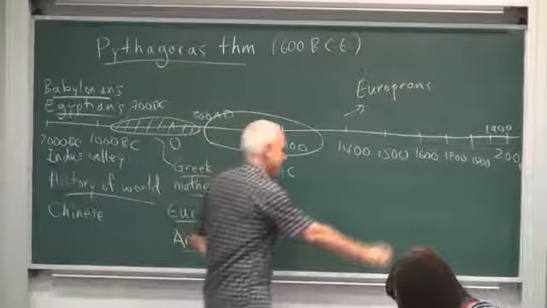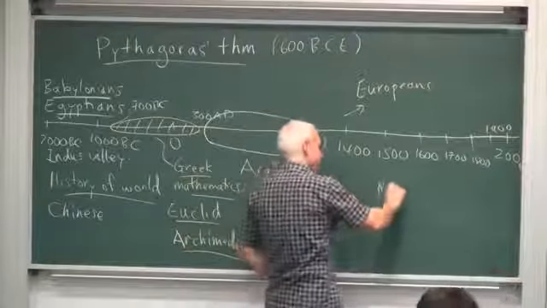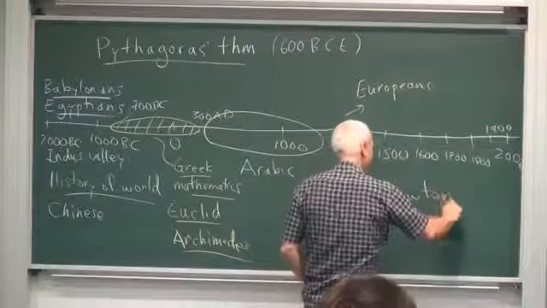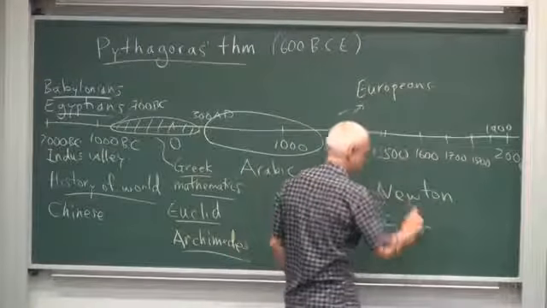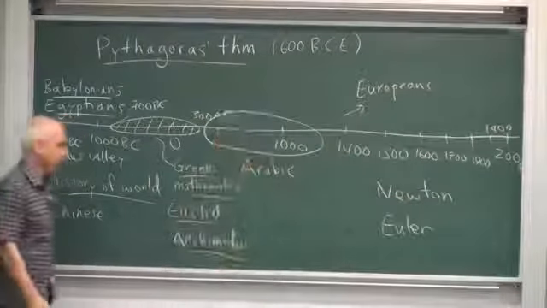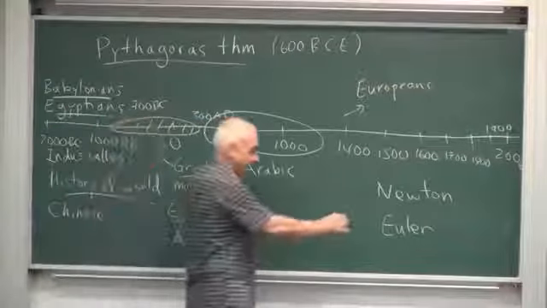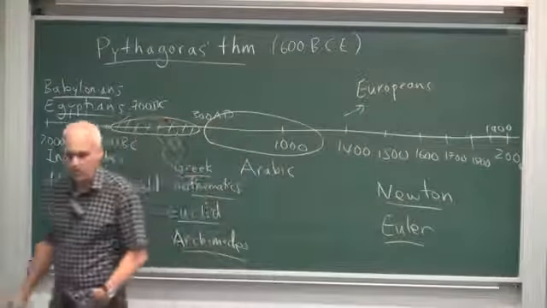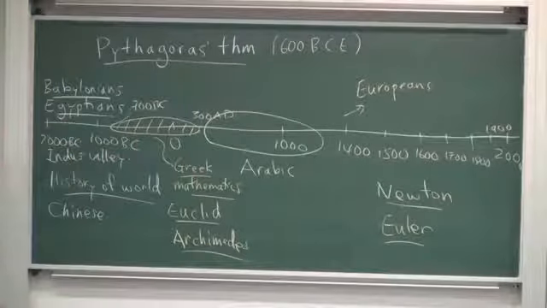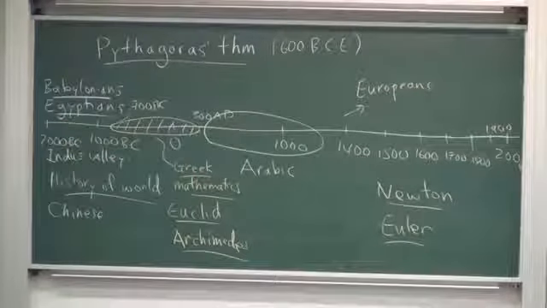But if we had to name the most important names, I would say that they were Newton and Euler. If I had to name the top two, I would say they're the most important scientific figures of the modern era. There are also others, Gauss prominently, and many others too.